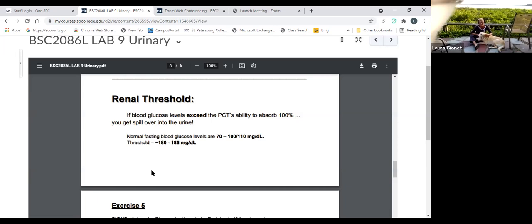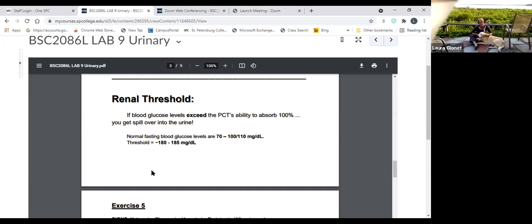If it's higher than normal, in the case of maybe diabetes mellitus, the amount of glucose cannot be absorbed in time, because the proximal convoluted tubule is long but narrow. It has its limitations as to how much it can ever absorb. There are only so many glucose transporters.